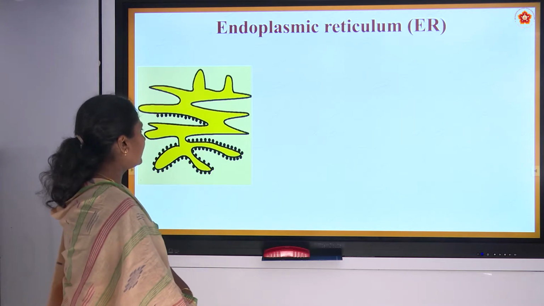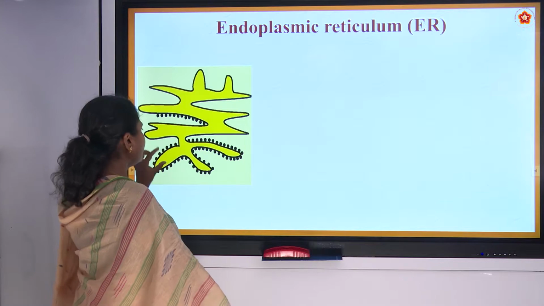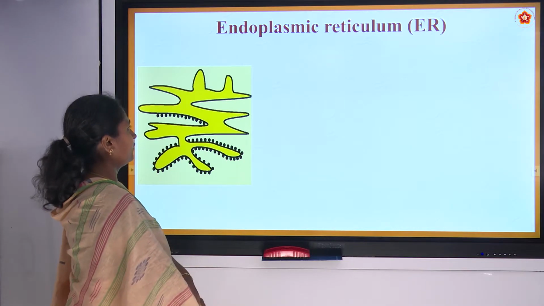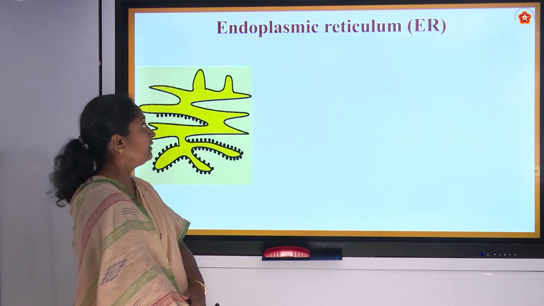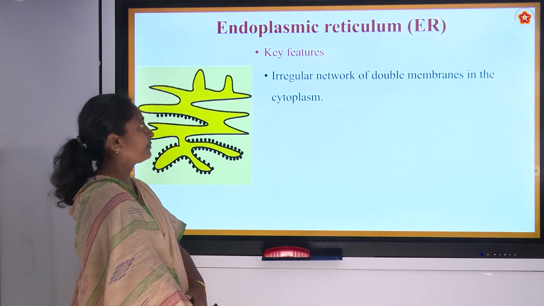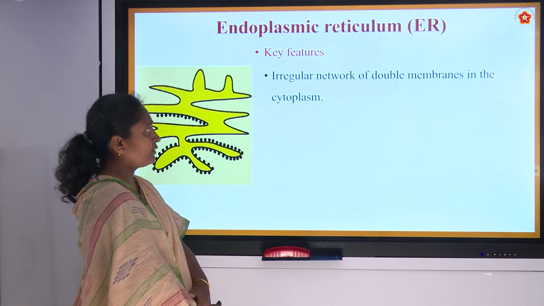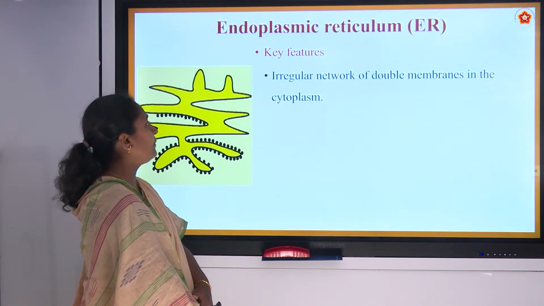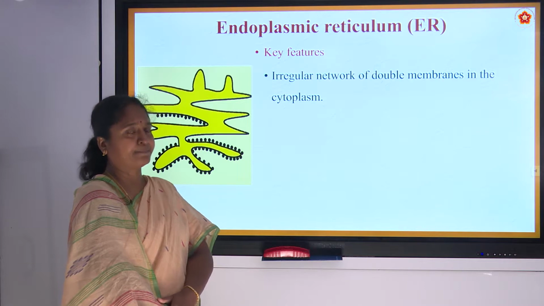For the endoplasmic reticulum diagram, you have to draw many pouch-like structures, and it is present in both plant and animal cell. We will see the key features first. It is an irregular network with a double membranous structure which is present in the cytoplasm.